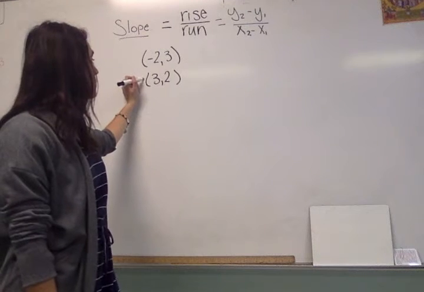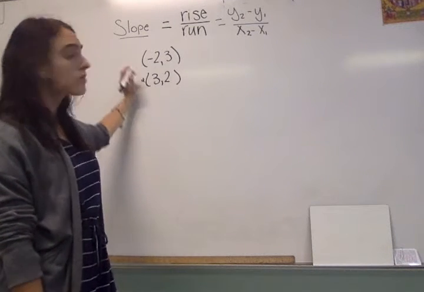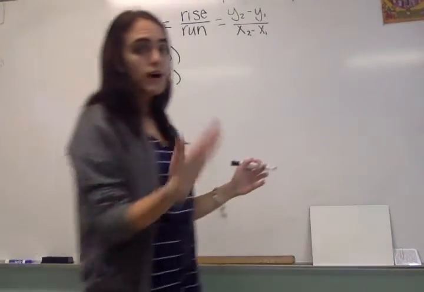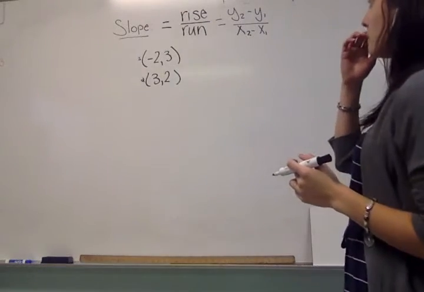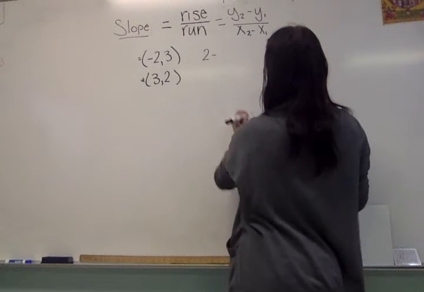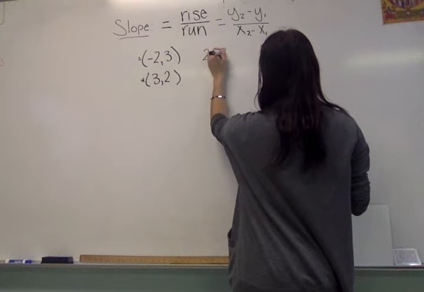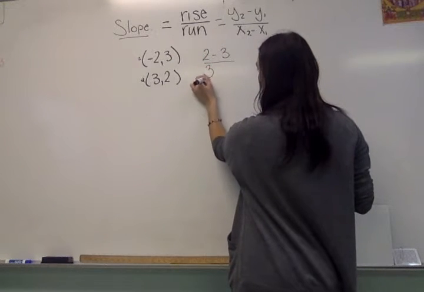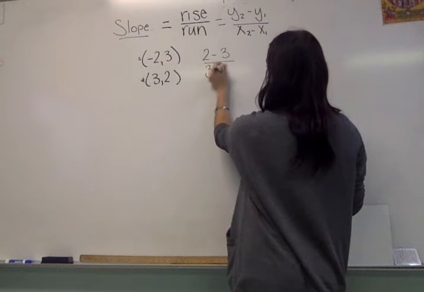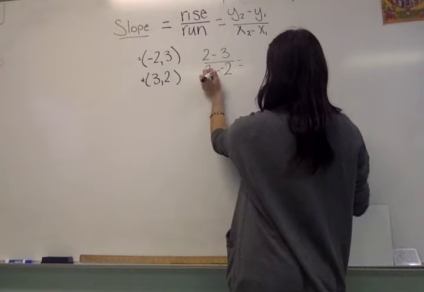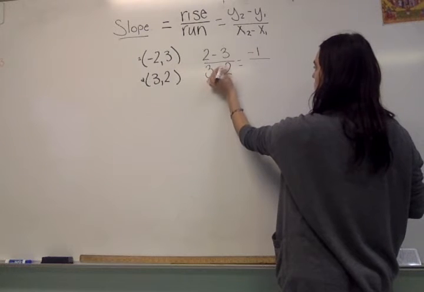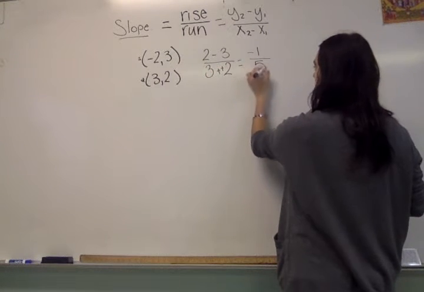So I'm going to choose this one to be my 2's because it has the bigger numbers. This one will be 1. So let's go y's and x's. Y's and x's define my slope. So y2 I said was 2, minus y1, which is 3, over x2, which is 3, minus x1, which is minus a negative 2. 2 minus 3 is a negative 1. 3 minus a negative 2, plus a positive, is 5.